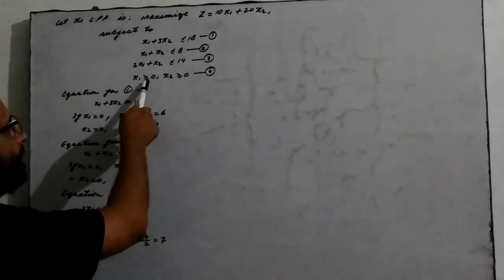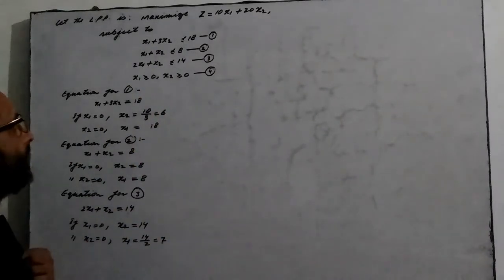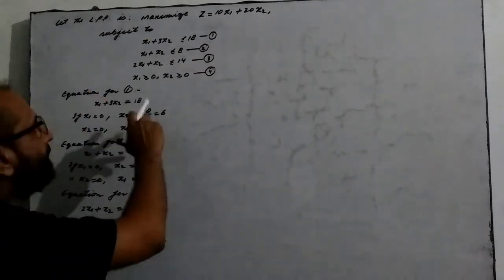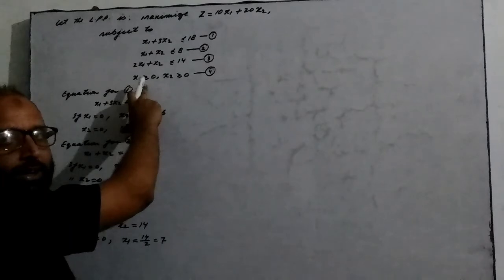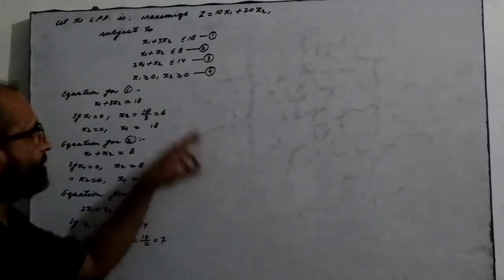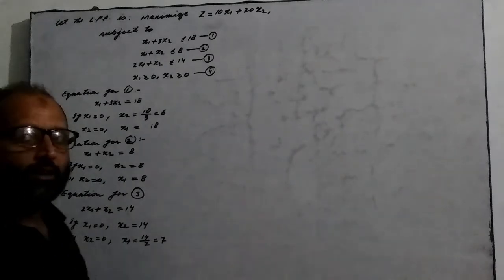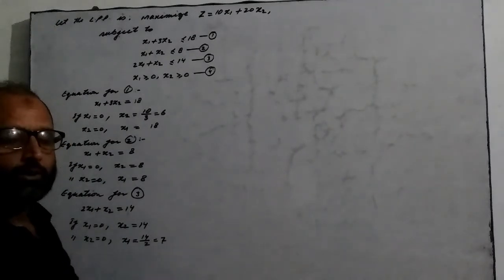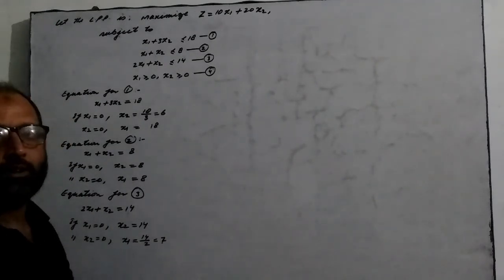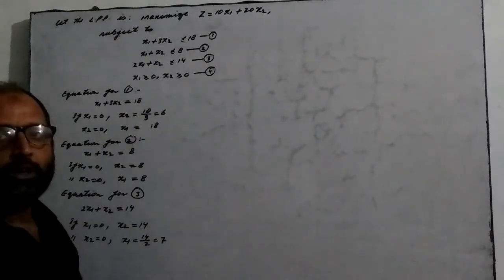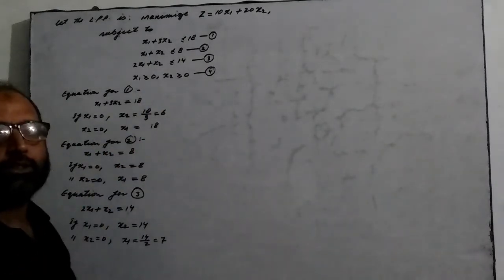There is no need to write down the equations for the non-negativity constraints, because we know that if we take the x-axis as the axis for x1 and the y-axis as the axis for x2, then x1 is greater than or equal to 0 means on the right hand side of the x2 axis, and x2 greater than or equal to 0 means above the x1 axis.